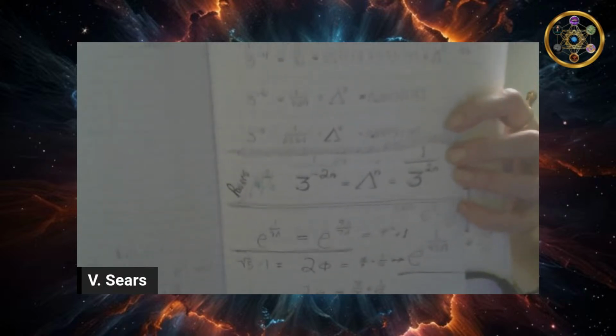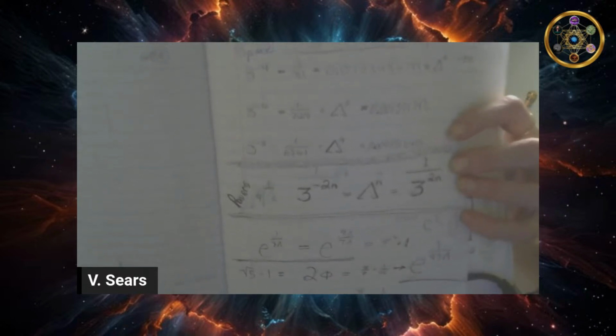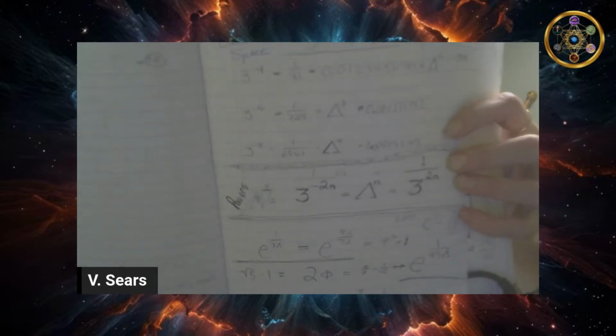So powers of lambda are either 1 over 3 to the power of 2n or 3 to the negative 2n, depending on which way you want to go. And so the numbers end up being 1 over 81, 1 over 729, and they are right in his lambda chart. The reason I liked it is 3 to the negative power of 4, 1 over 81, gives you your numbers 0.0, 1, 2, 3, 4, 5, 6, 7, 8, 9. That's lambda squared.